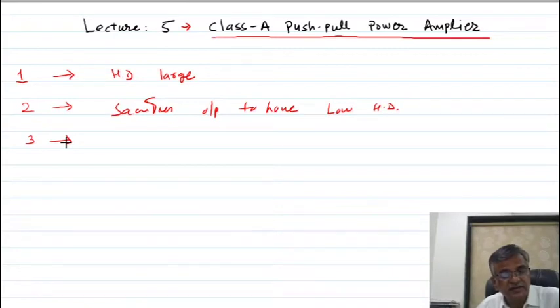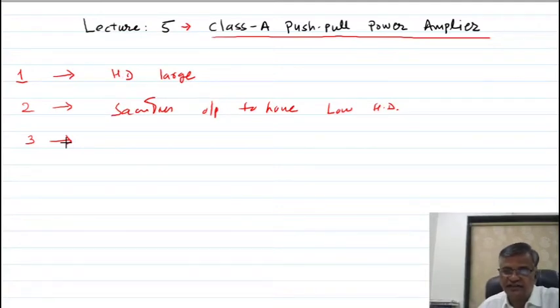Third is the magnetic saturation problem. The DC resistance of the primary of the output transformer is very small, so a large value of collector current will flow. So operating point Q will be located in the saturated magnetic region. As a result, the magnetic saturation problem arises.